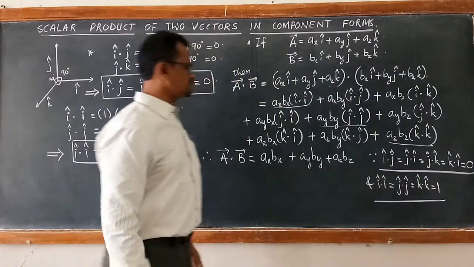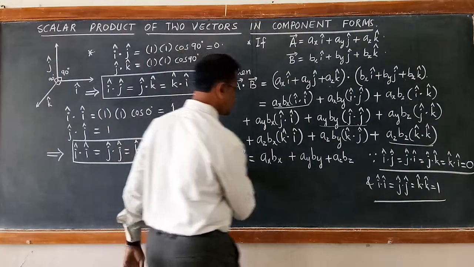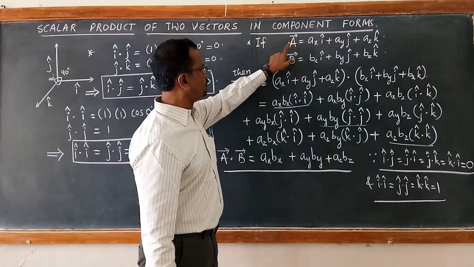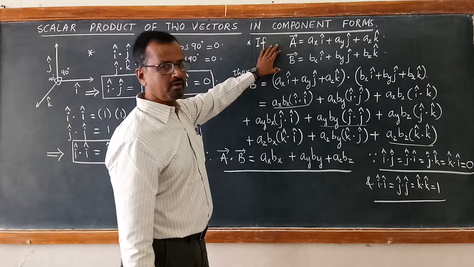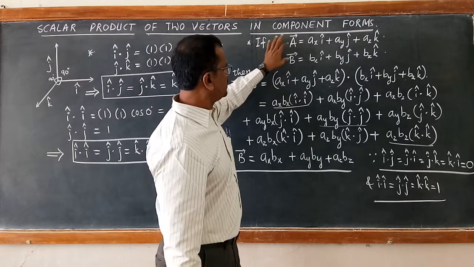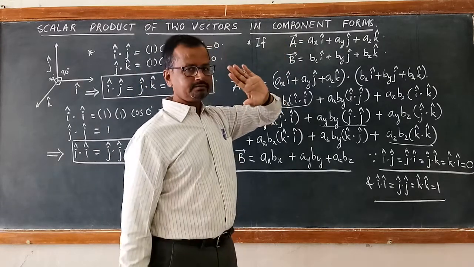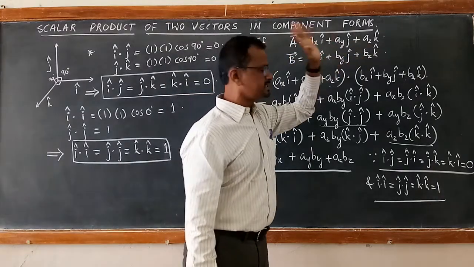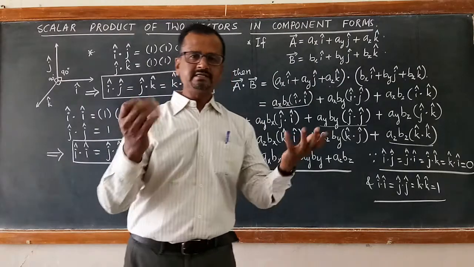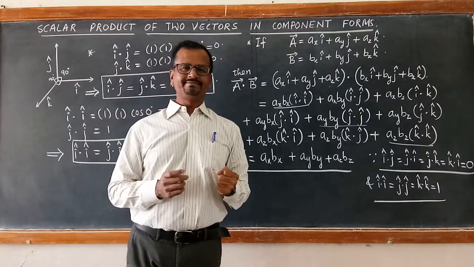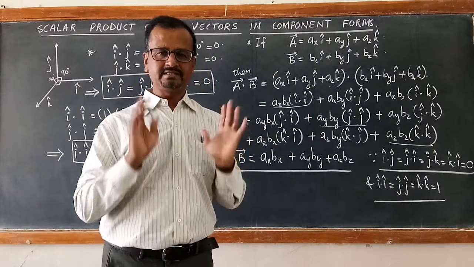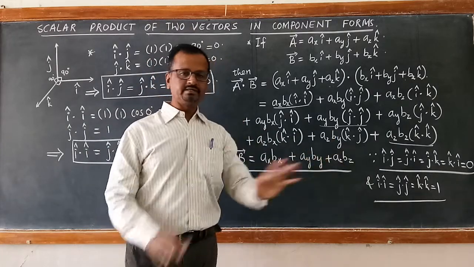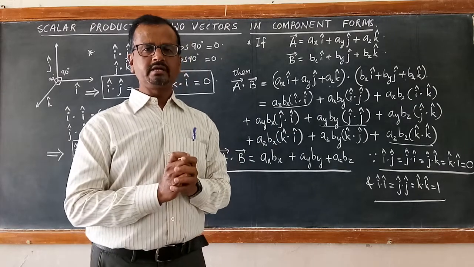So using this property we get a very simple result. When we take the dot product of two vectors in component form, a dot b is directly ax bx plus ay by plus az bz. The result is a scalar quantity, not a vector. That's why there is no term having i, j, k here.